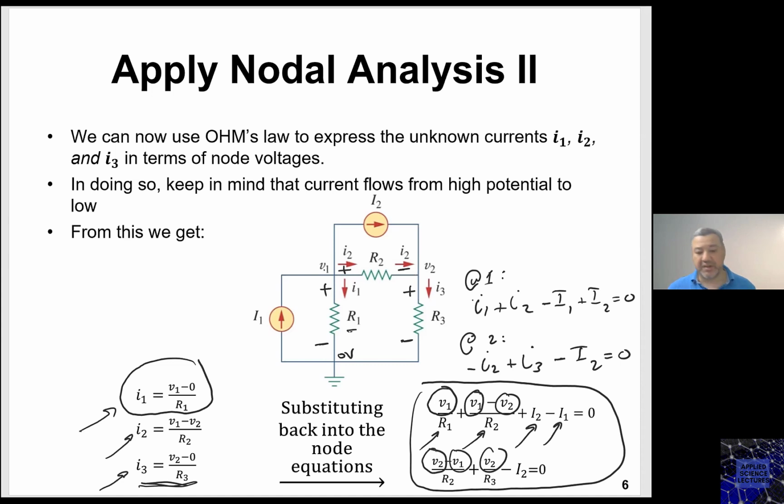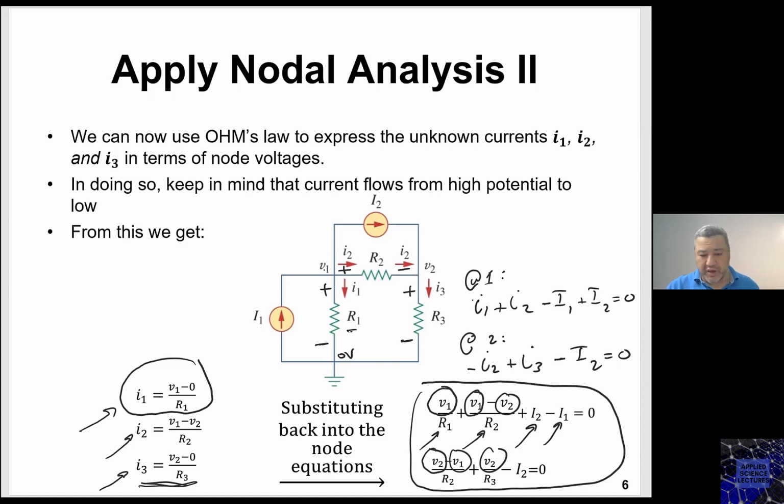Problem is solved. You can solve them simultaneously and find the V1 and V2. So those are my nodal equations. Any questions so far about how we derived those two nodal equations? Understanding where those two equations came from is extremely important for the next step.